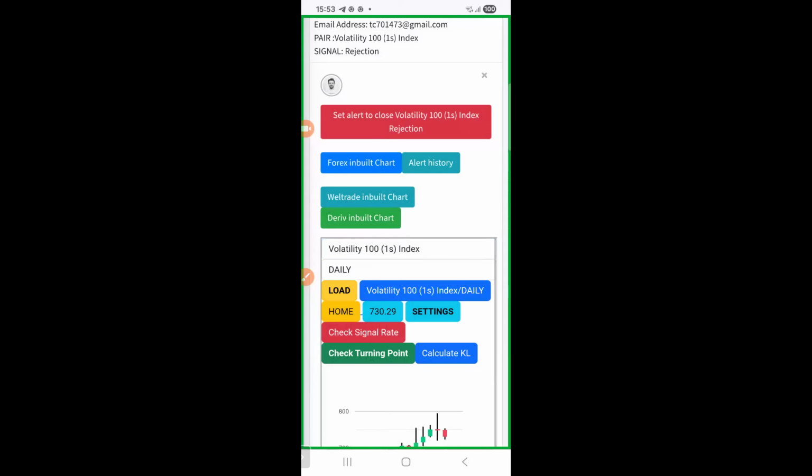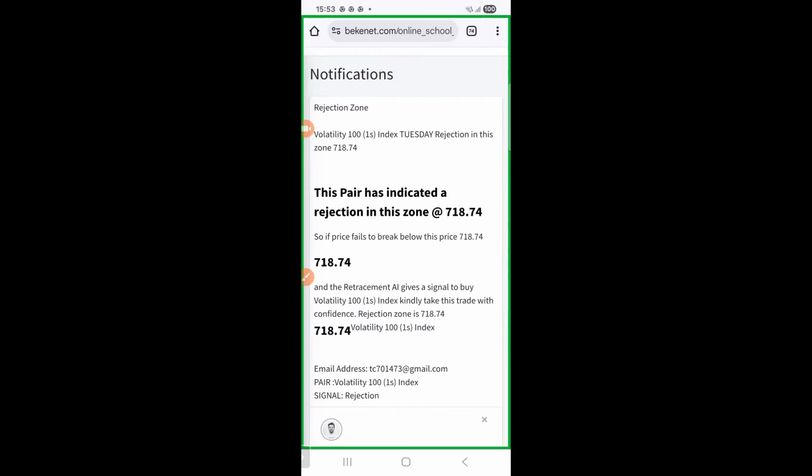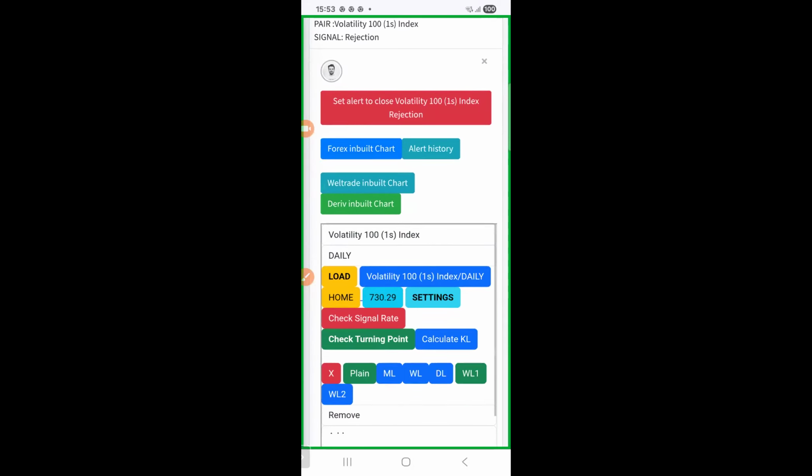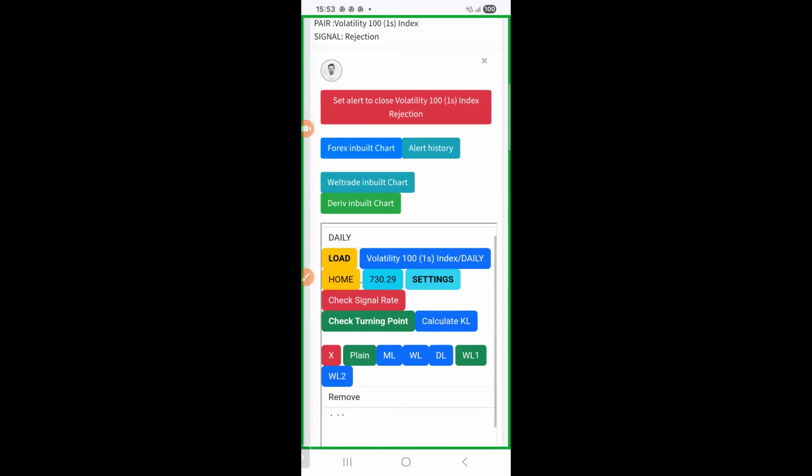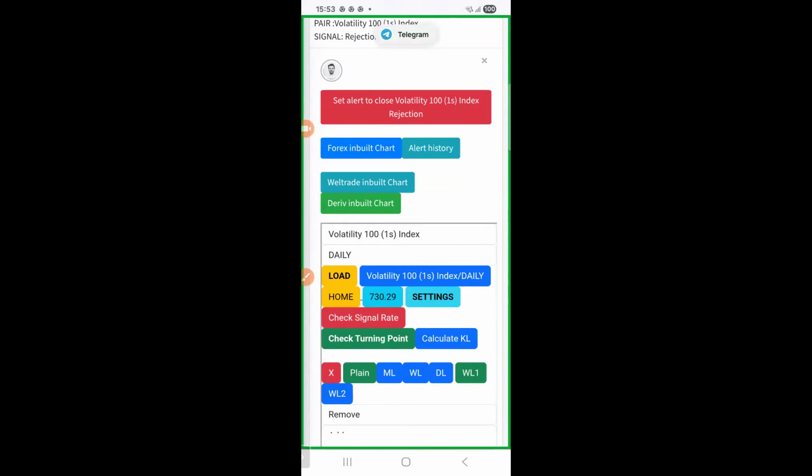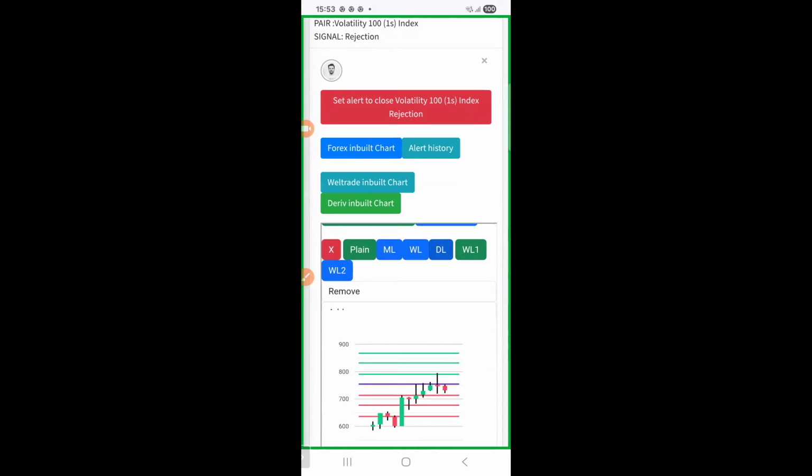Load settings. What does it say? The rejection, 718. I think I'm late to this anyway. So it was rejected at a pivot point, and look at it there. Let's check weekly.